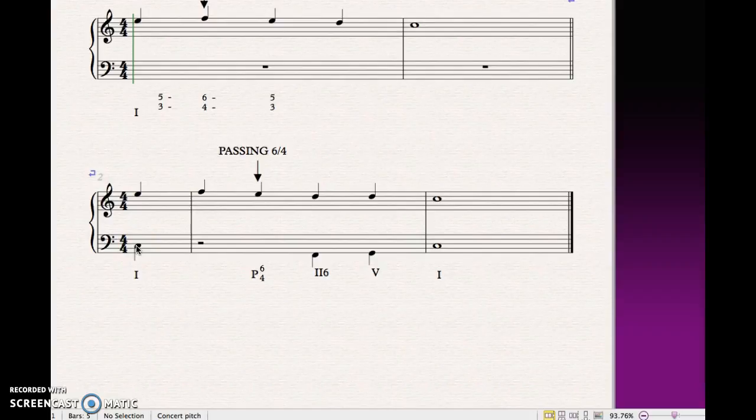If I start on the upbeat here with a tonic function and I'm ending with a dominant prep to a dominant to a tonic function, the passing 6/4 is leading to a dominant prep chord, and it should begin with a version of the dominant prep chord. So mi, fa, mi, re.